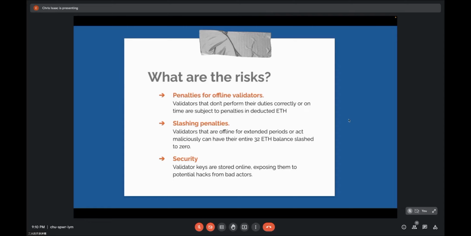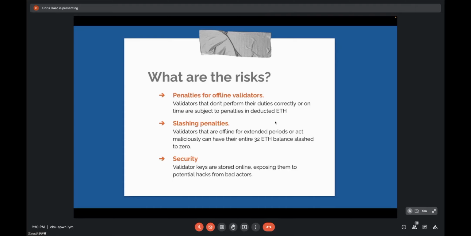So these penalties happen in deductions of small amounts of ETH from the balance of the deposit, and that's for validators that are staying offline for short periods. They miss a couple of attestations or things like that. There's a small penalty, but it's not a big deal. They'll come back online and they'll start making their money back.